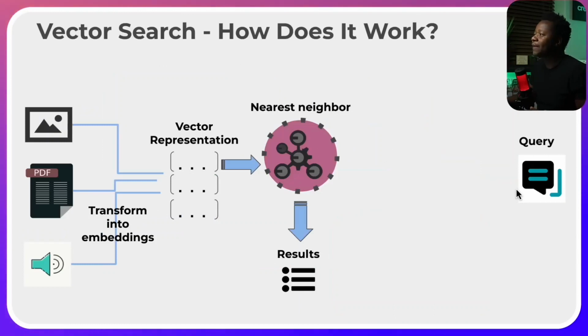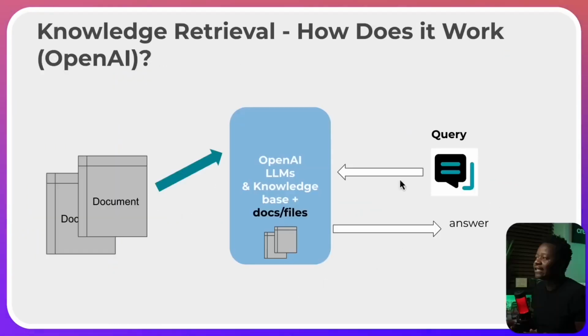Now, if we go ahead and look back at OpenAI, you notice that OpenAI simplifies everything for us when it comes to this whole process, because now we have some sort of black box where all of the things that I've just told you are happening.